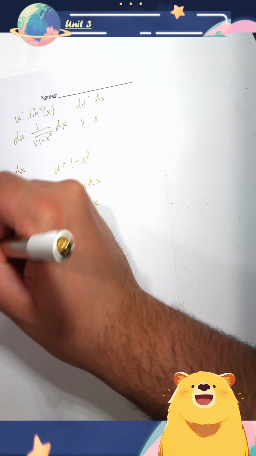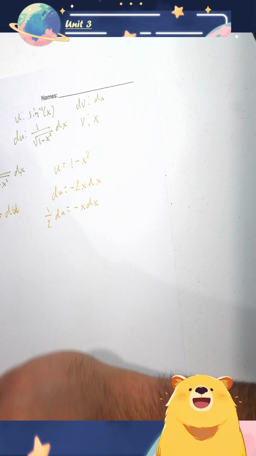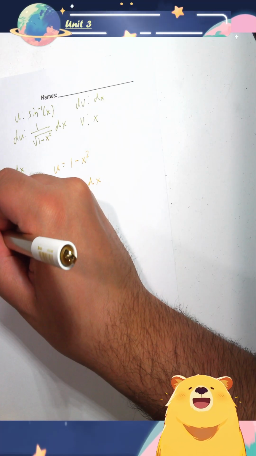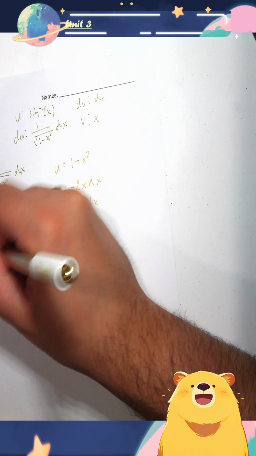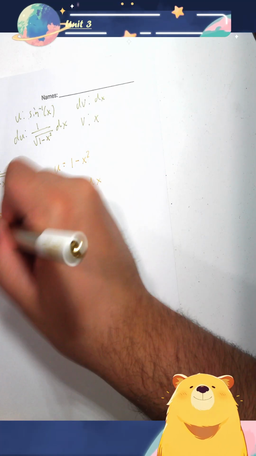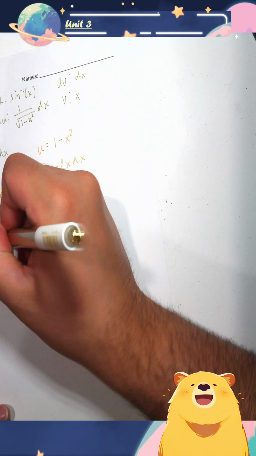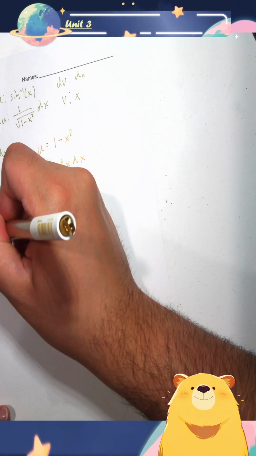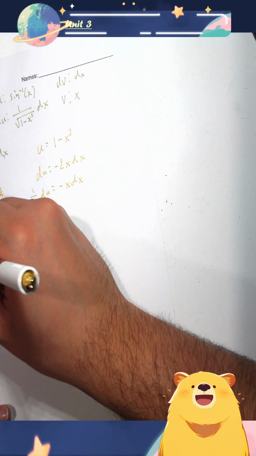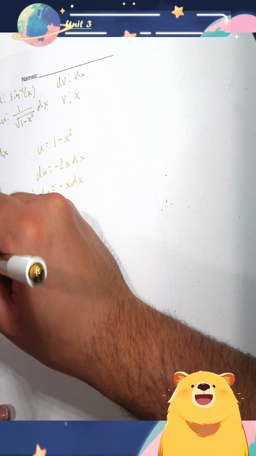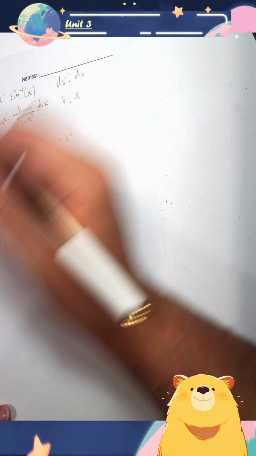I was trying to do it in my head. 1 half times this, negative 1 half plus 1 over negative 1 half plus 1. That's going to be 1 half each. So that will cancel out. And then we're left with square root of u plus c.